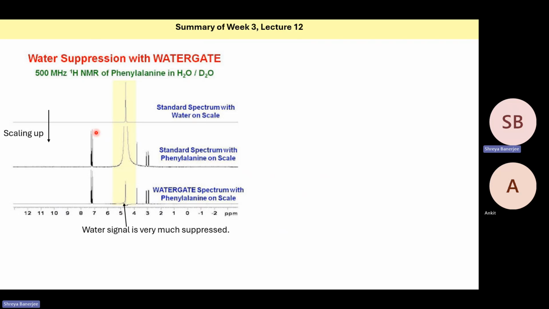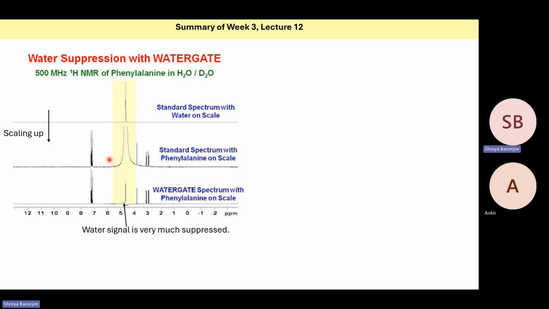So here an example has been shown of water suppression by Watergate. This is the spectra of phenylalanine. The first spectra is the one without water suppression. You can only see the peak of water and nothing else. In the second spectra, you have increased the intensity of the first spectra till you are able to see the compound peaks.